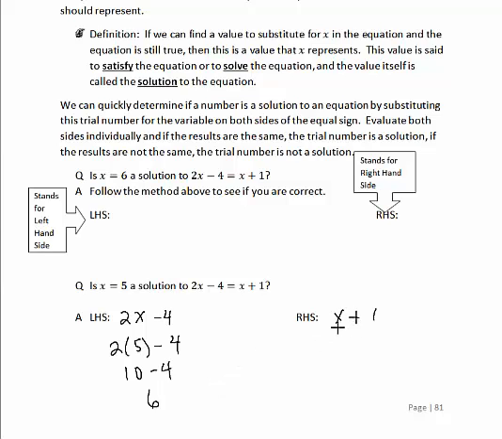Let's see if the right-hand side gives us a 6. X plus 1, replace the x with a 5, and now I have 5 plus 1, and I get a 6. So the two sides are equal. And so we would say x equals 5 is a solution.